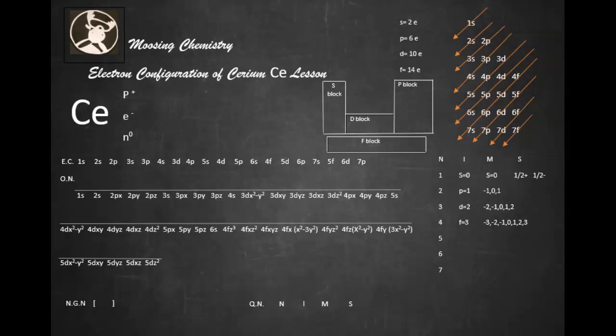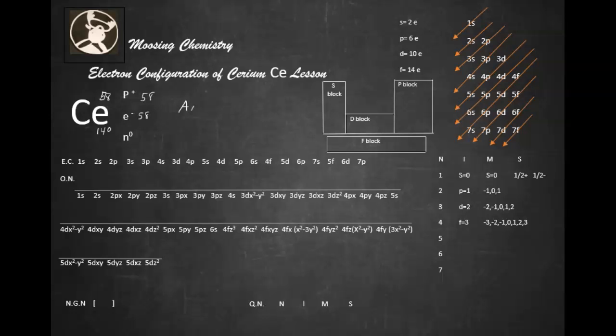Cerium is number 58 on the periodic table, and it's in the f block, just to give you a hint of things to come. Its atomic mass unit, AMU, is 140. These atoms are getting pretty big and heavy. So we have 58 protons, 58 electrons, and what about our neutron count?